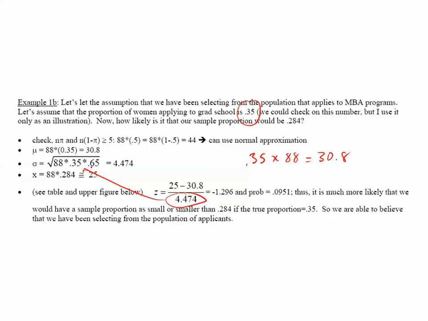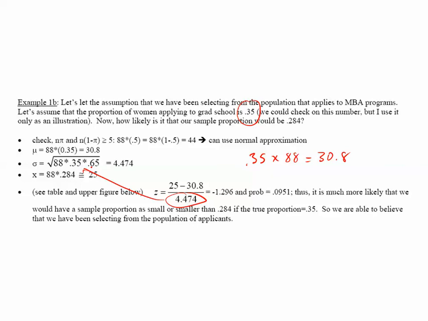We find that we are 1.296 standard errors away, or just under 10%. Now, this is slightly different than what we saw in the previous problem, and you've got to remember that it is just an approximation of a normal distribution.